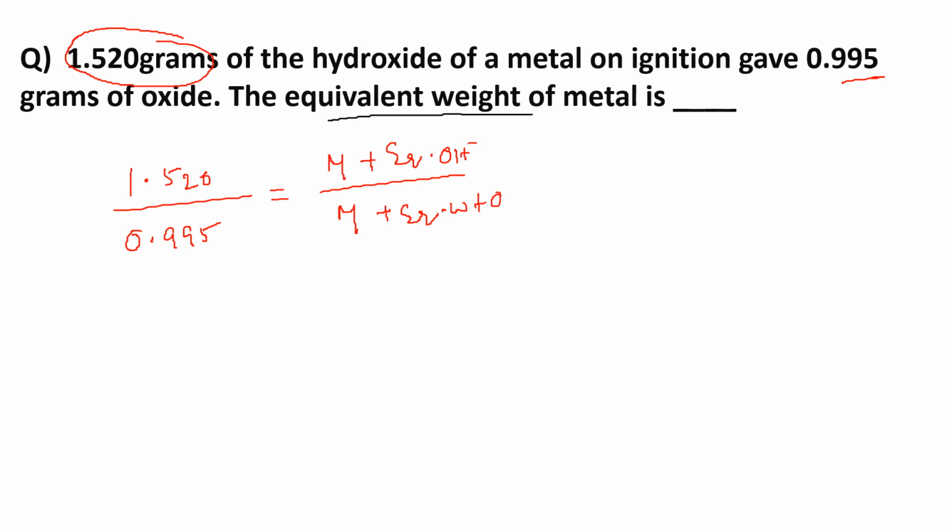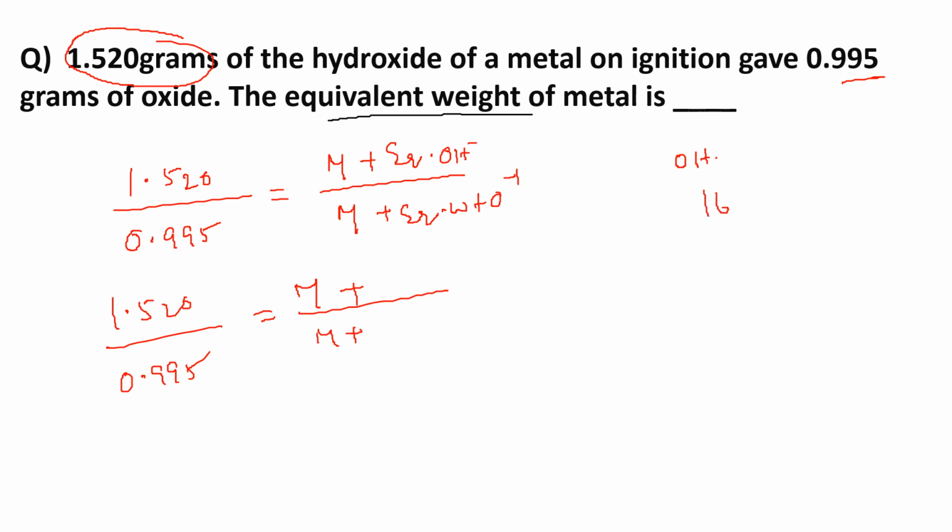So here, how will you calculate? 1.520 divided by 0.995 is equal to the equivalent weight of the metal expression. Now we are going to calculate the equivalent weight of the metal. Hydroxide means OH. What is the equivalent weight of hydroxide? Oxygen is 16 plus 1, then you will get 17.